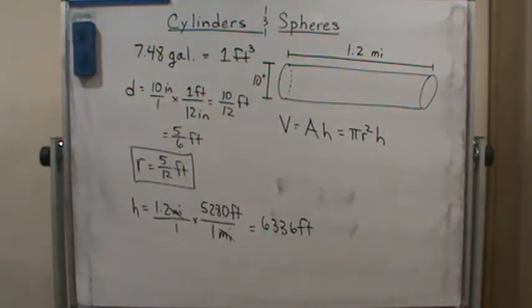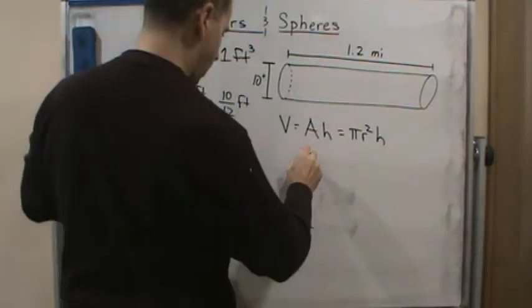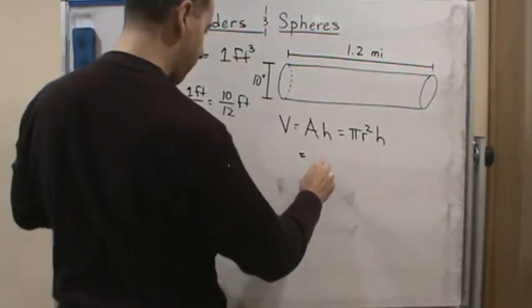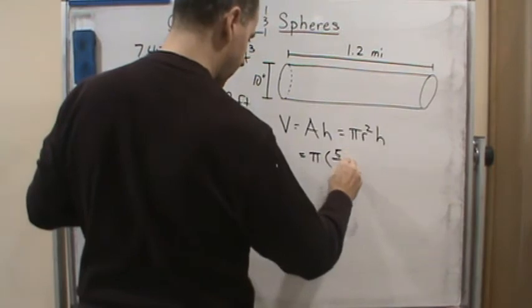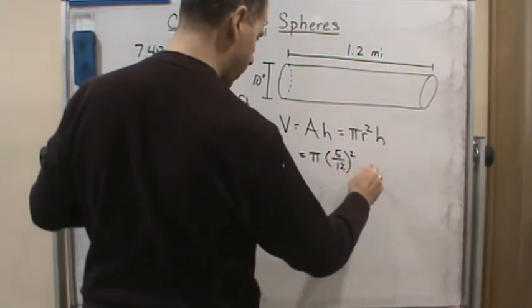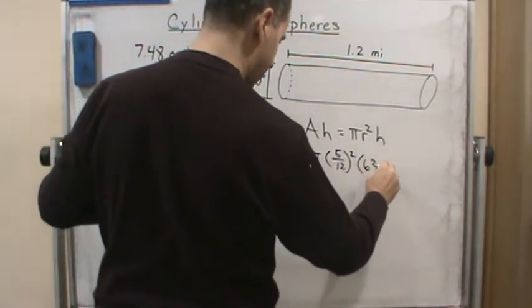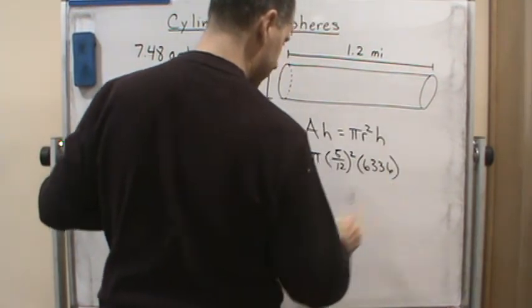Now that we have our two numbers, guess what? Now all we have to do is plug and chug. So this is going to equal pi times 5/12 quantity squared times 6,336.